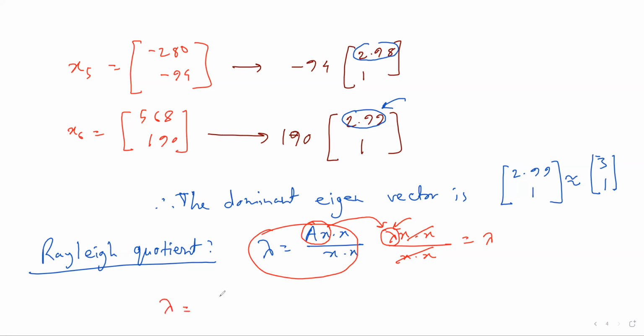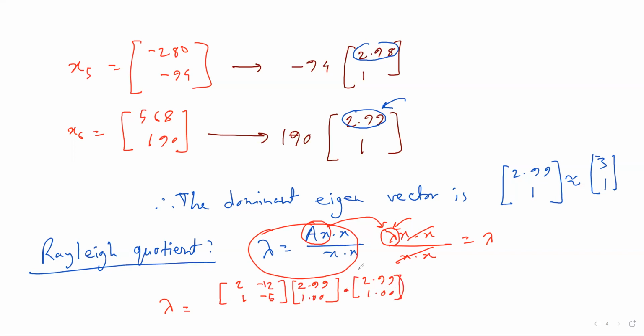We can simply use this equation to find the dominant eigenvalue, where A is 2, -12, 1, -5. This was our original matrix. And x, the eigenvector we got, is 2.99, 1.00, dotted with 2.99, 1.00.